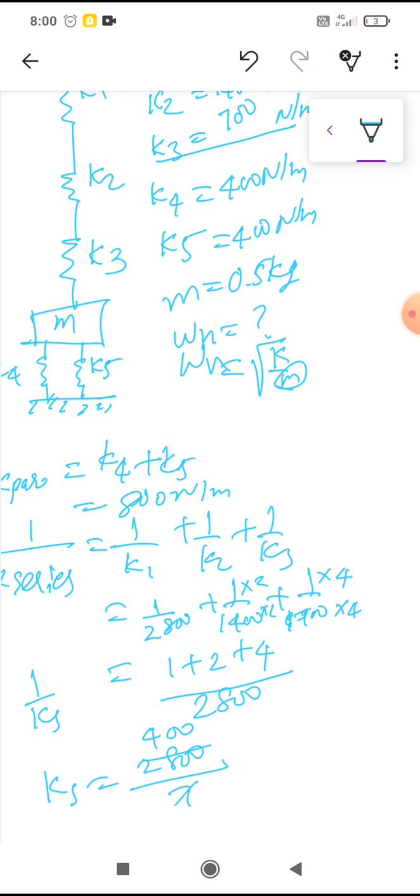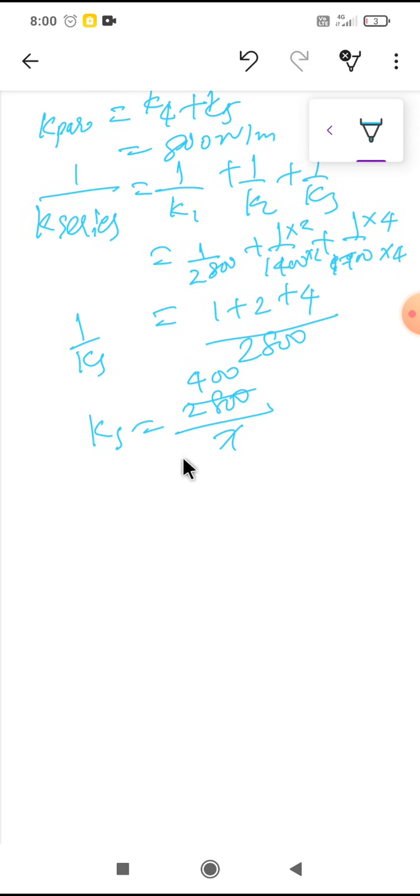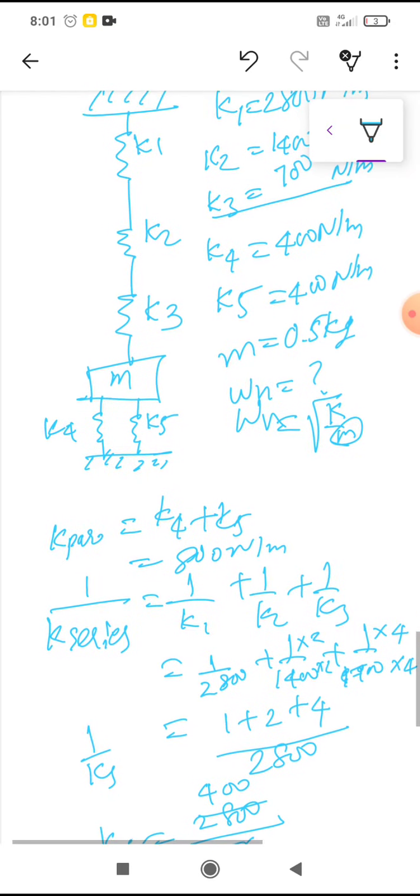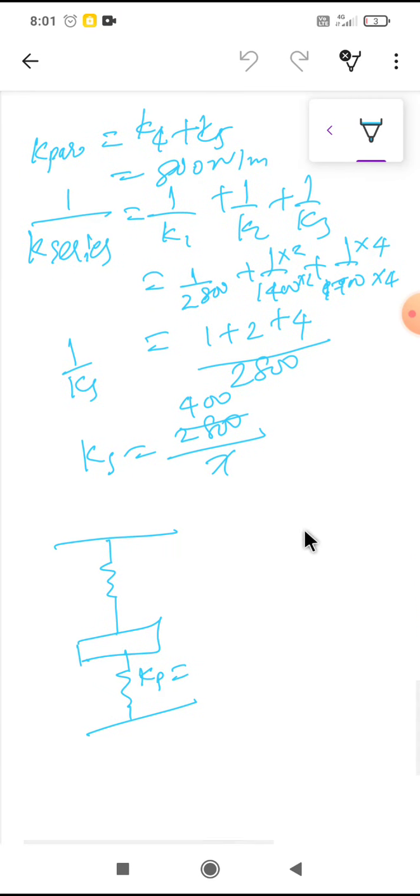So what will be our equivalent spring stiffness? We have not yet got the equivalent spring stiffness, but we have got k parallel as 800 and k series as 400 Newton per meter.